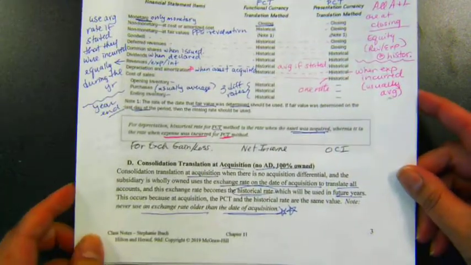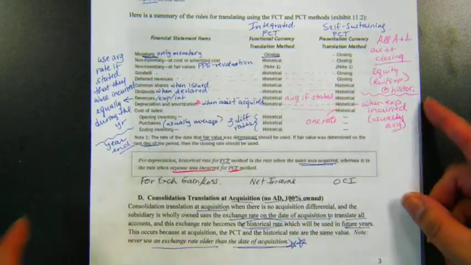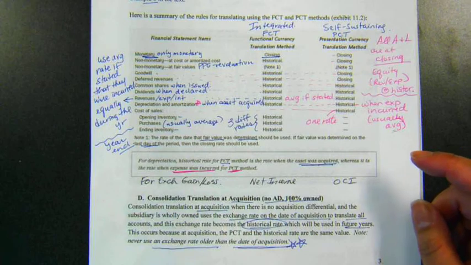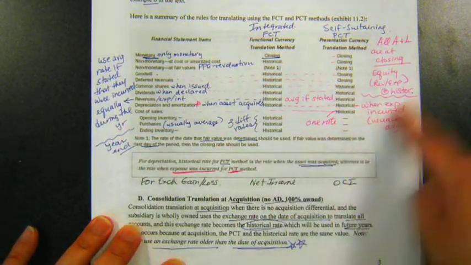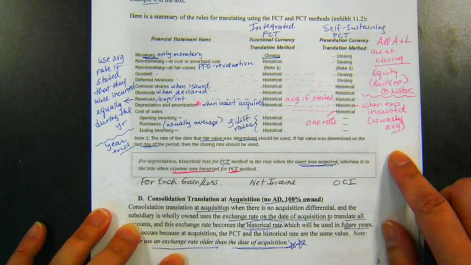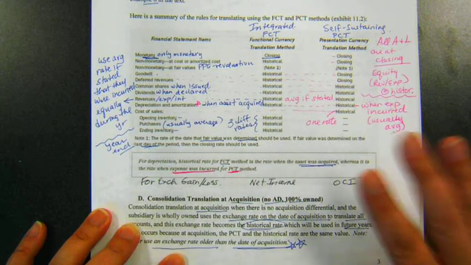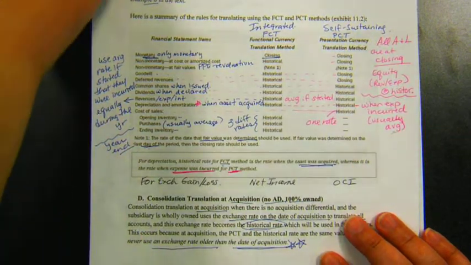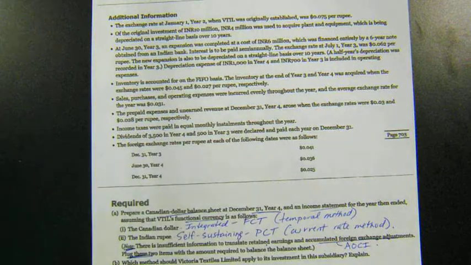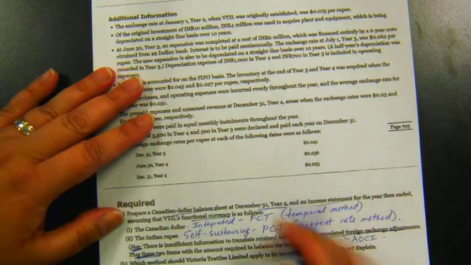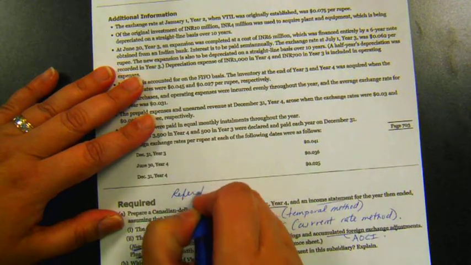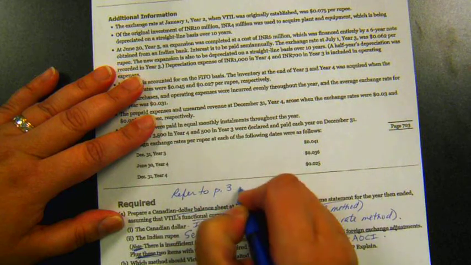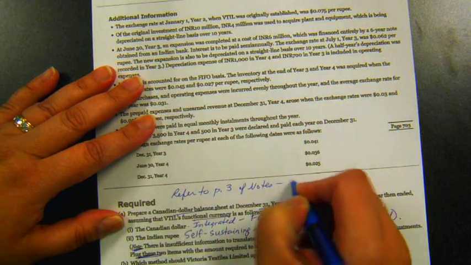But here's my little scribblings on it. Okay, this little table pretty much is everything you need. Okay, so always refer back to that. So we're going to refer to page 3 of the notes to the table.